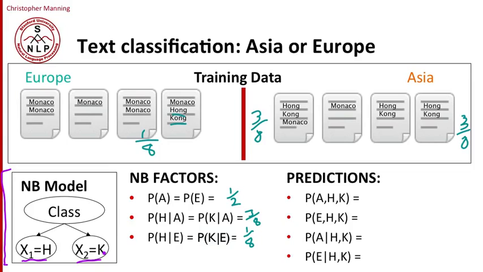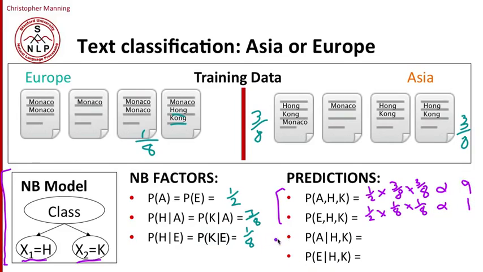If we work out the same kinds of probabilities as before, we get a half times 3/8 times 3/8 for Asia, and a half times 1/8 times 1/8 for Europe. The denominators are always the same, so we can just look at the numerators. So this is proportional to 9, and this is proportional to 1.